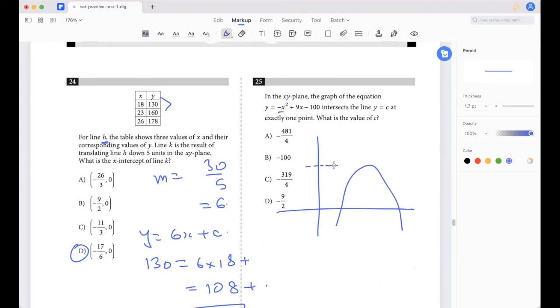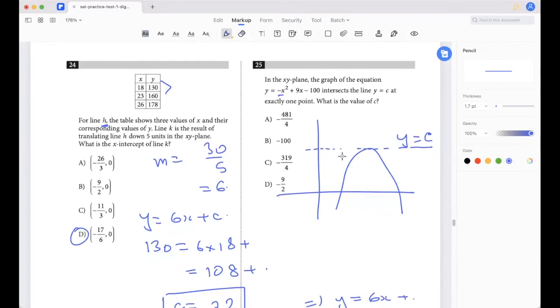And y is equal to C, because it touches this parabola at exactly 1 point, it has to pass through the vertex of the parabola. Because if it is lower, it will intersect the parabola at 2 points. And if it is higher, it won't intersect the parabola at all. So basically, C is nothing but the y coordinate of the vertex of this parabola.